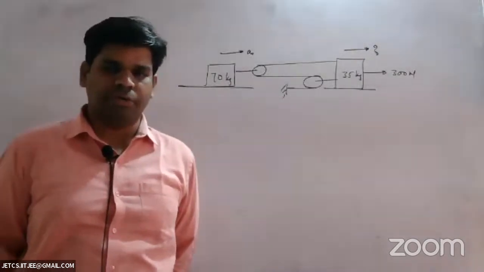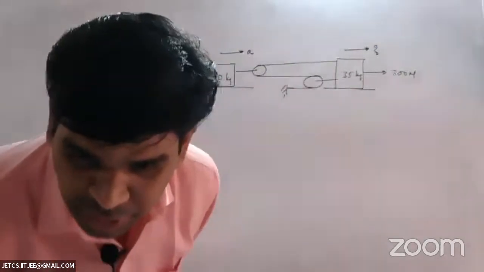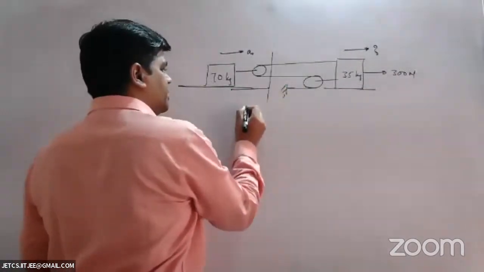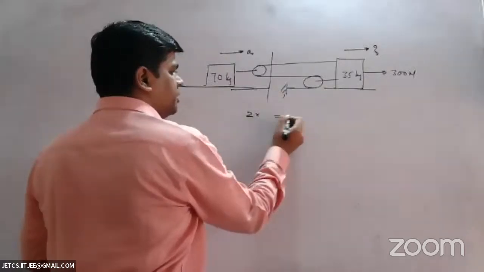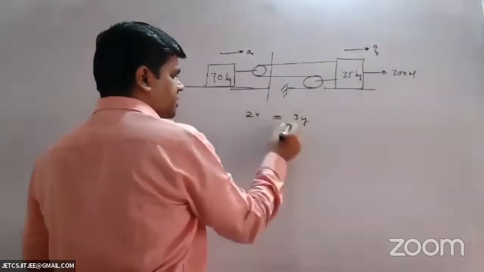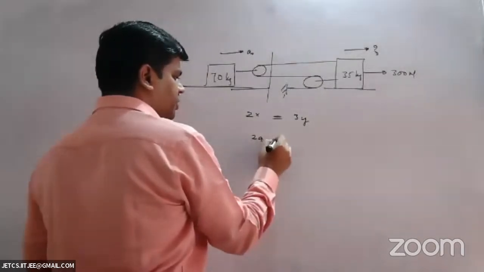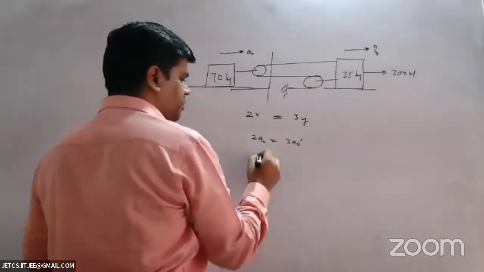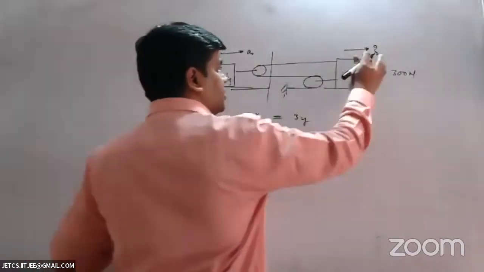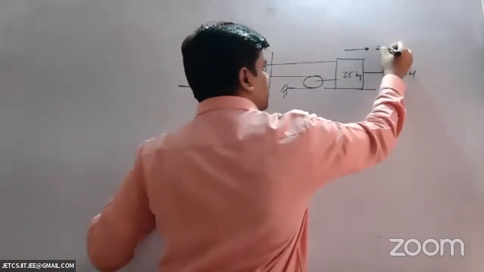I also told you the argument, but I want you to do it again. Yes, that's right, Agnesh. This goes by X, so string slackens by 2X, whereas this tightens by 3Y. 2X is equal to 3Y. If I differentiate, 2A0 is equal to 3A0 prime. So A0 prime is equal to 2A0 by 3. So acceleration of this is 2A0 by 3.